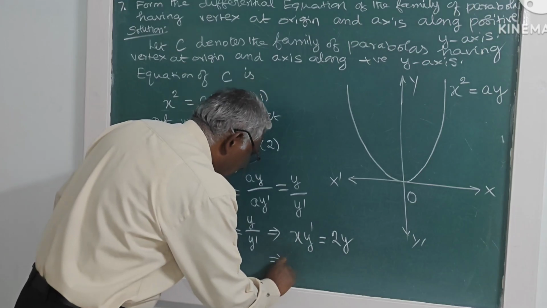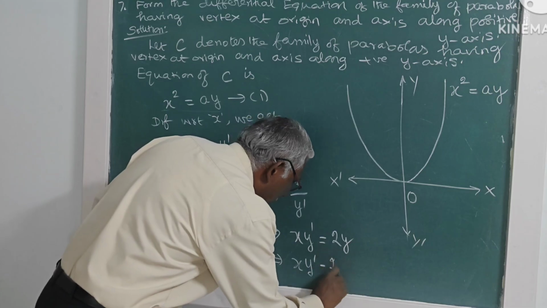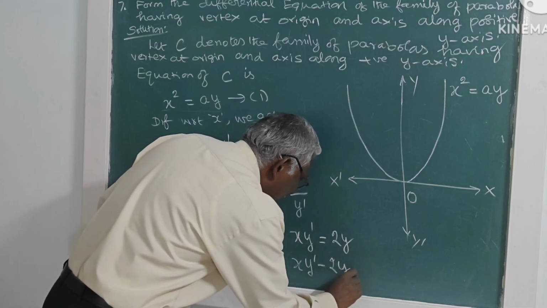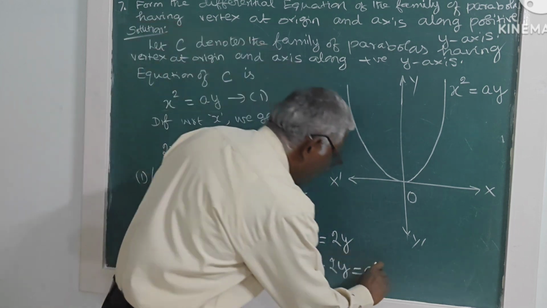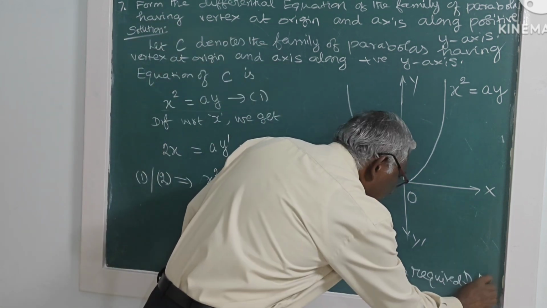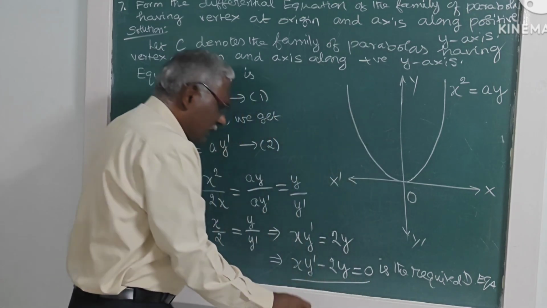So x y dash minus 2y is equal to 0 is the differential equation. So this is the answer.